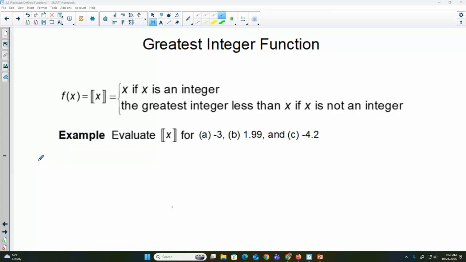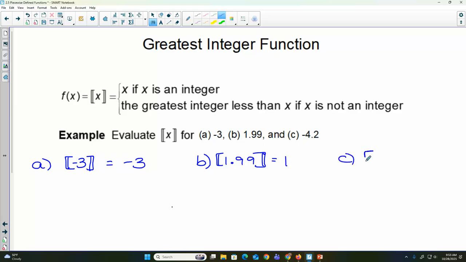So if I ask you to find the greatest integer of -3, that is an integer, so you get -3. It doesn't change it. If I ask for the greatest integer of 1.99, what would that give me? 1. If I ask for the greatest integer of -4.2, be careful here.